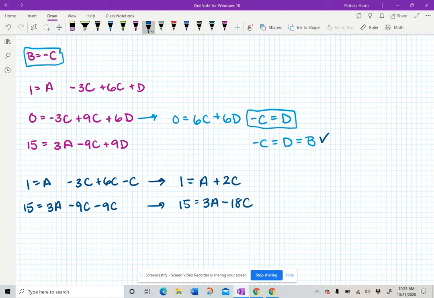So now I have a system of two equations with two unknowns. That's a little awesome. Just a little bit. Okay, so now what I'm going to do is I'm going to use substitution to help me out. Or elimination. Let's go elimination.